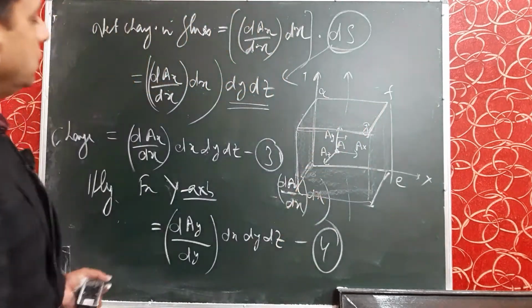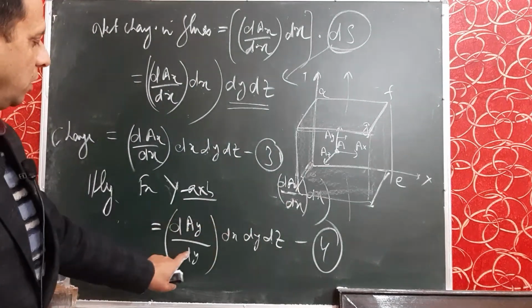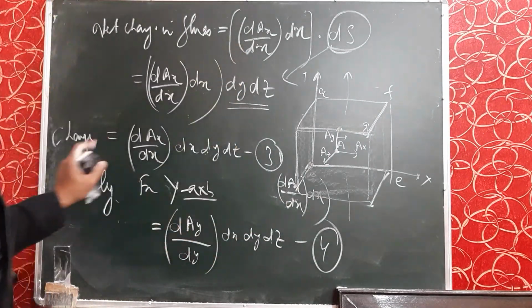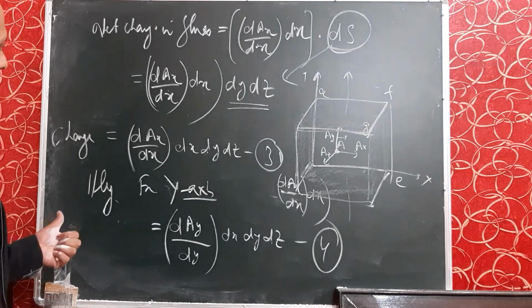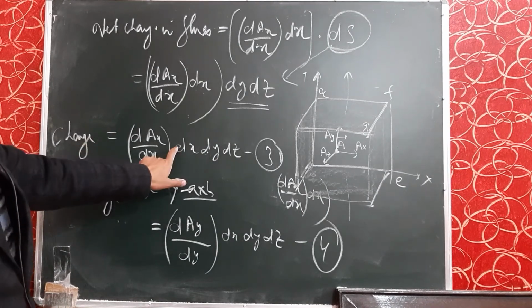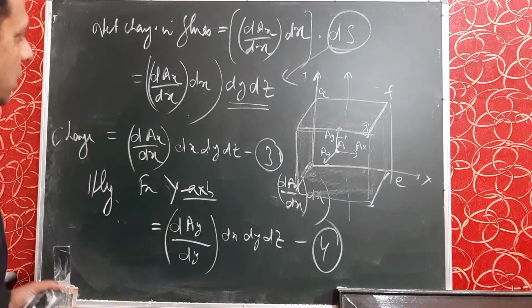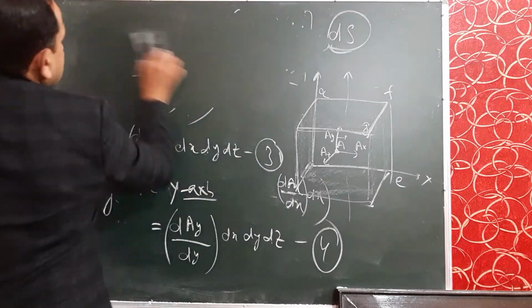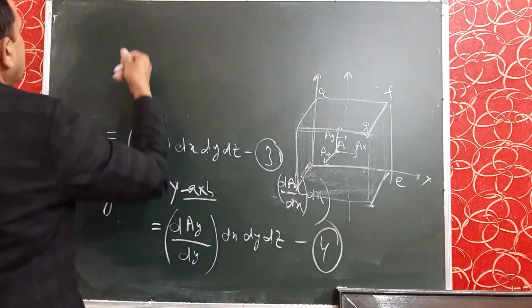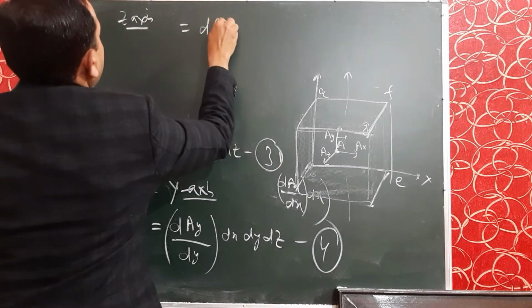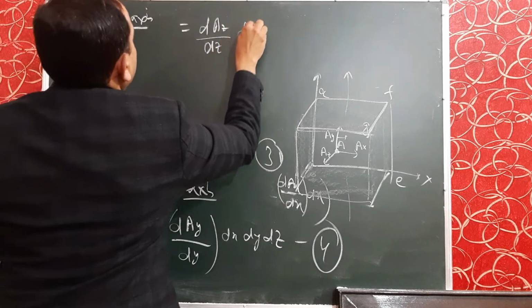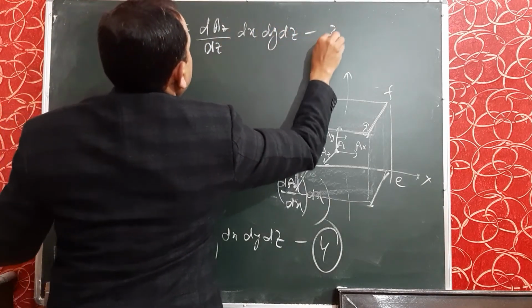Length into breadth means x and z, and dAy upon dy into dy is the same term which we will get in the case of y-axis. So you do not need to solve for y and z axis. You may write directly the change in flux along y-axis and similarly along z-axis. Similarly, change in flux along z-axis is dAz upon dz into dx dy and dz.